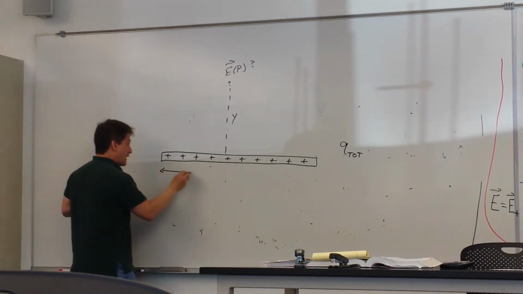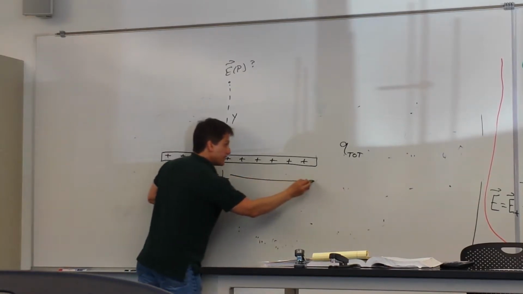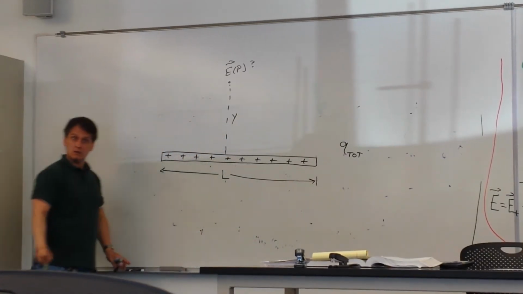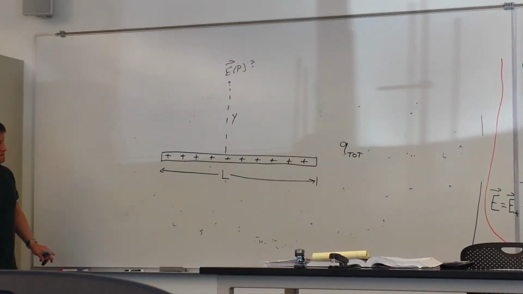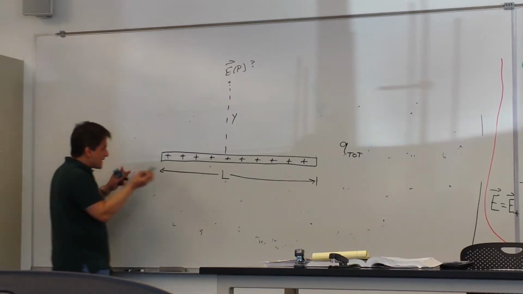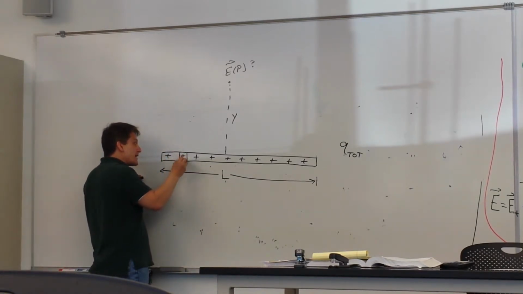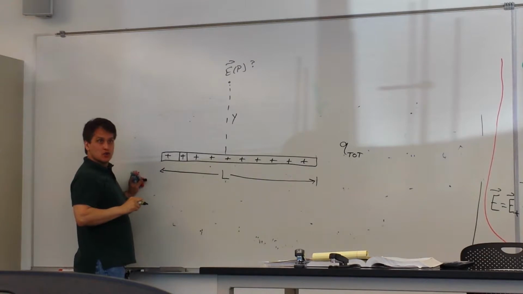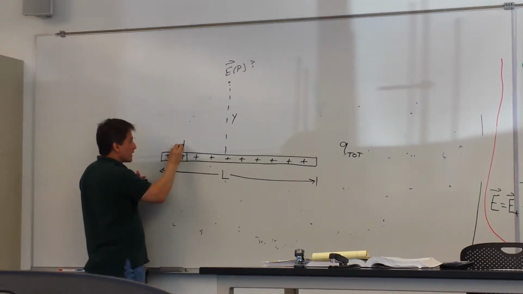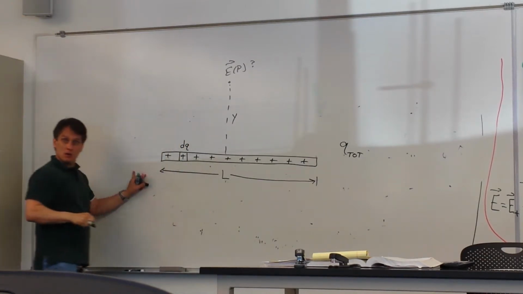And if this rod has a total length of L, then maybe the easy approach is to break up this thing into tiny little chunks. And let's call each chunk dq.